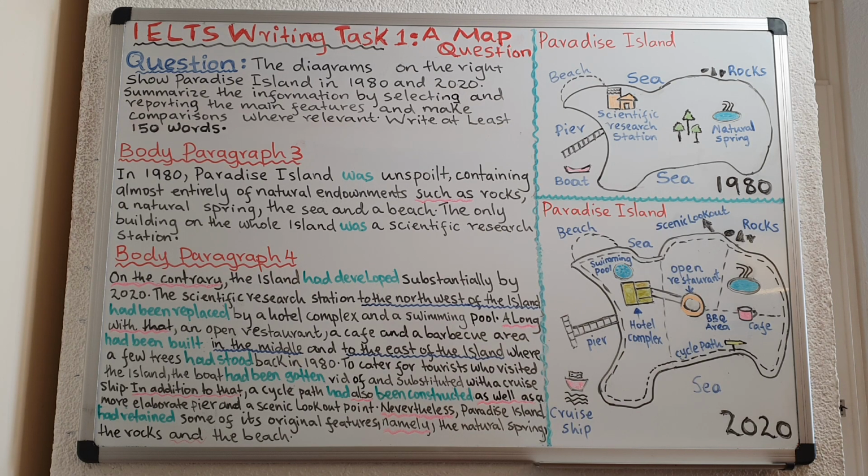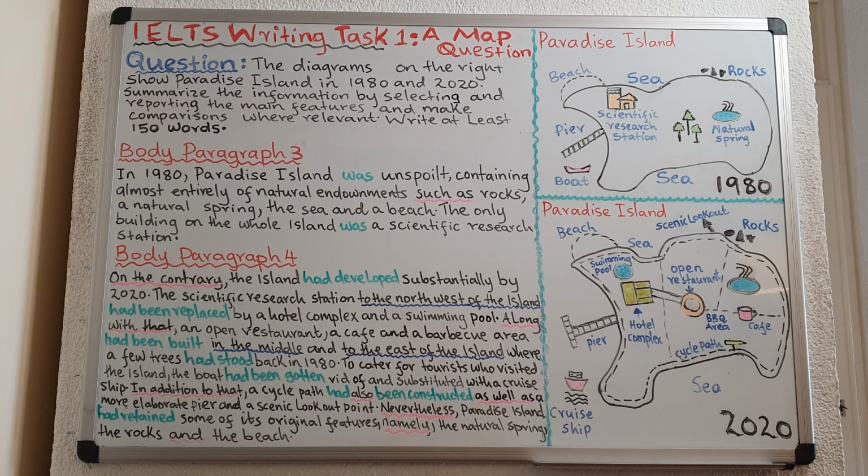But in 2020, that is 40 years after that, you can see that the island has been developed a lot. There are a lot more buildings, there are a lot more facilities and amenities, and you can see that instead of a boat, you have a cruise ship. You can see that the pier has changed.